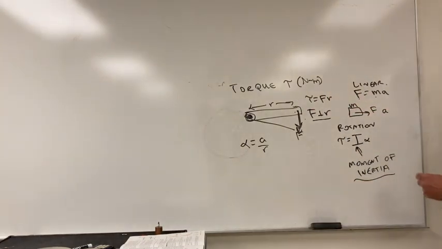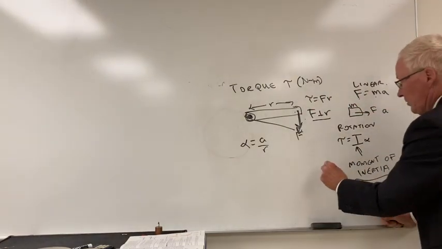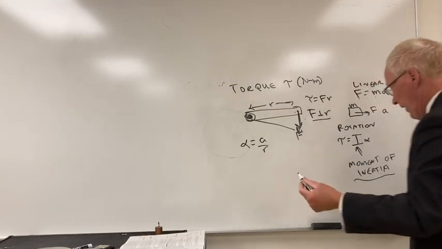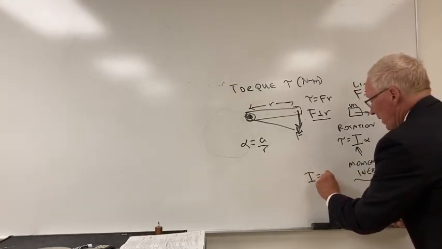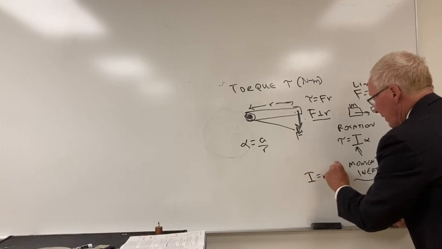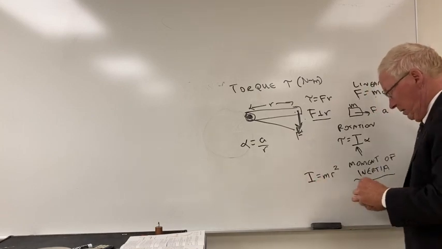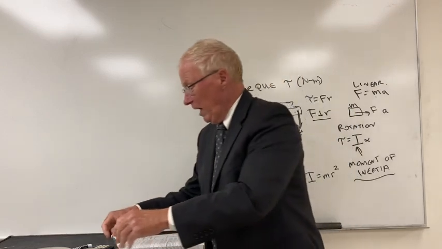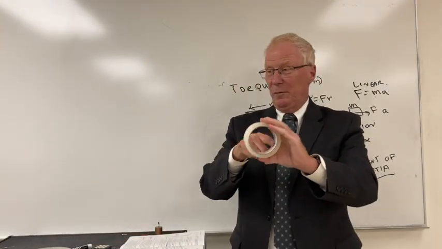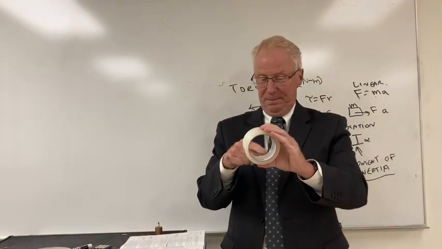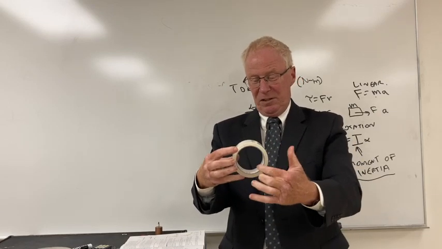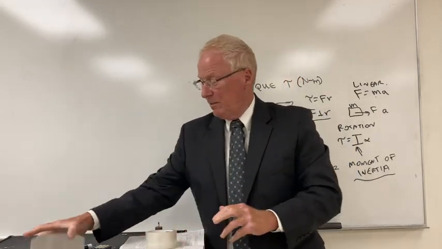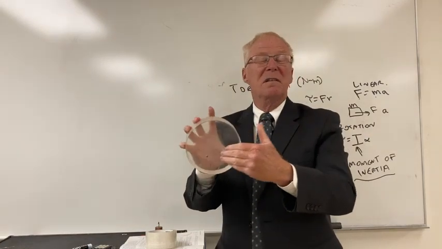And this moment of inertia depends on how spread out the mass is, and it's basically given by the expression mr squared. So it's how far out the weight is distributed. In this case, all the weight is distributed around a distance r. For a disk, it's spread out.